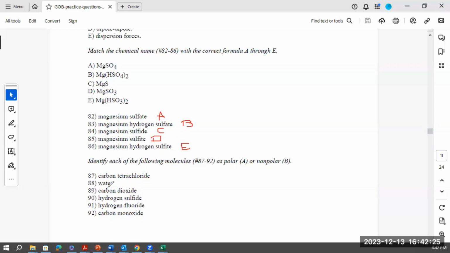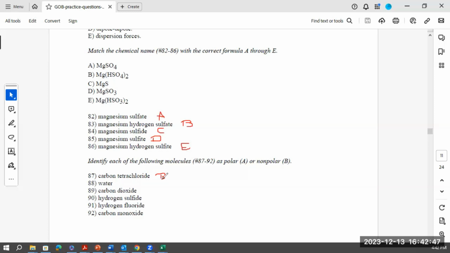Okay, now we're going to determine which one's polar and which one's non-polar. We have carbon tetrachloride. Do you guys think that's polar or non-polar? That's non-polar, because the chlorines are all the same on the outside and the carbon is being pulled evenly.